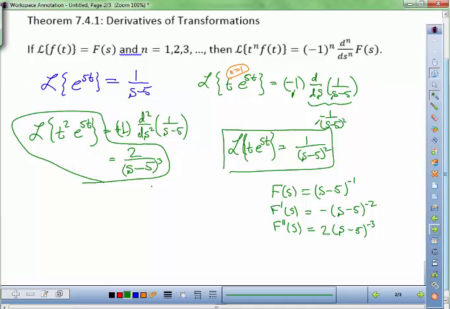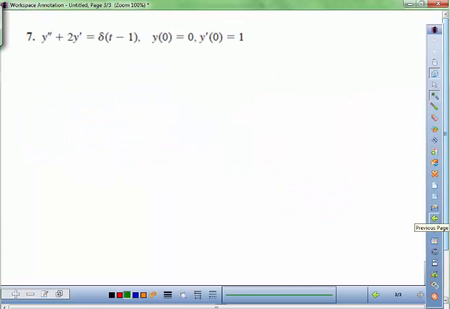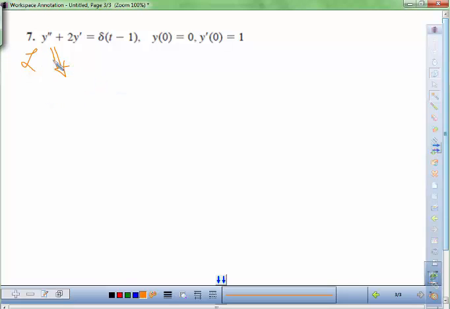All right, let's do one more differential equation here. This one I hope should be easy. Okay, so everything is set up. We're ready to take it to the s world by doing the Laplace transform, and we're going to get y double prime.